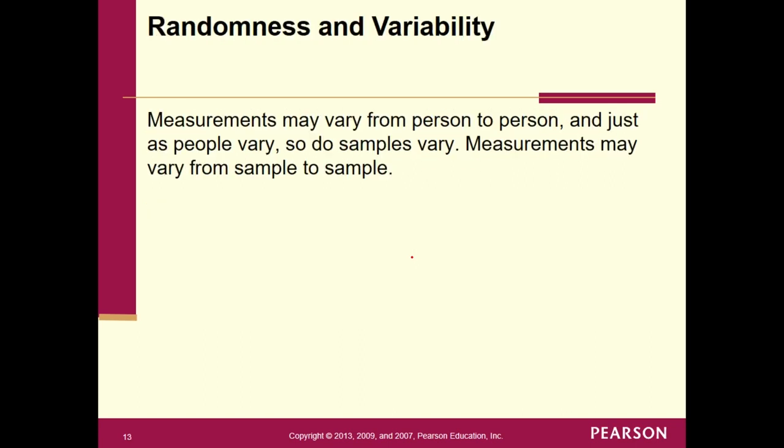I want to get something across to you. I kind of want to plant a seed for later on in the semester. Measurements may vary from person to person, and just as people vary, so do samples vary. That means statistics also vary. You got these different news organizations taking political polls, and they ask 1,000 people.